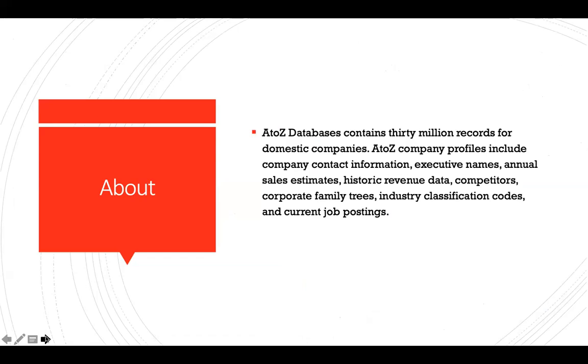They also have company profiles, executive names, annual sales estimates, revenue data, corporate family trees, industry classification codes, and job postings, and also things to find people's addresses and phone numbers, whether it's businesses or just residential information like you would find in the white pages. So it is a database that is constantly being updated.